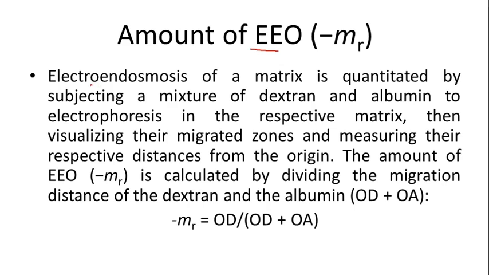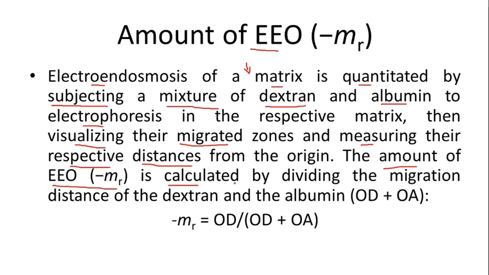Electroendosmosis of a matrix is quantified by subjecting a mixture of dextran and albumin to electrophoresis in the corresponding matrix, visualizing their migrated zones after separation, and measuring their respective distance from the origin.